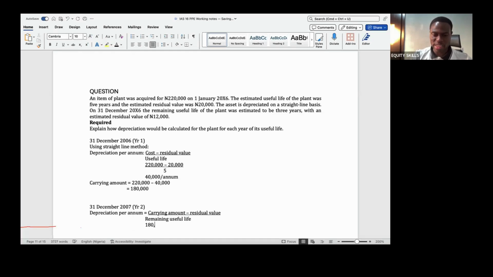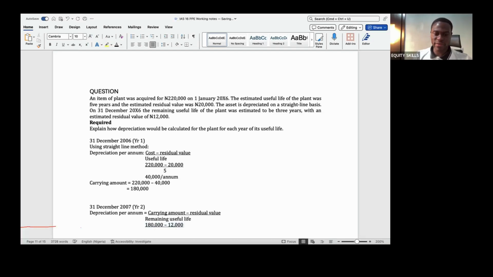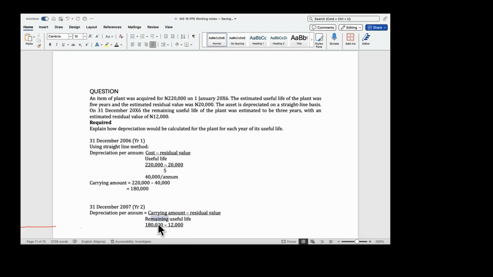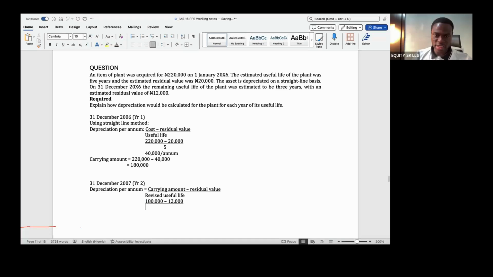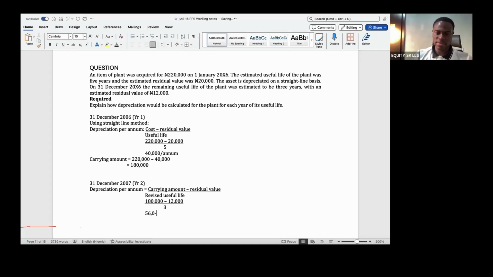So the carrying amount at the beginning was 180, minus the revised residual value, which is how much? 12,000, divided by the revised useful life of 3 years. So how much do we have? 56,000.